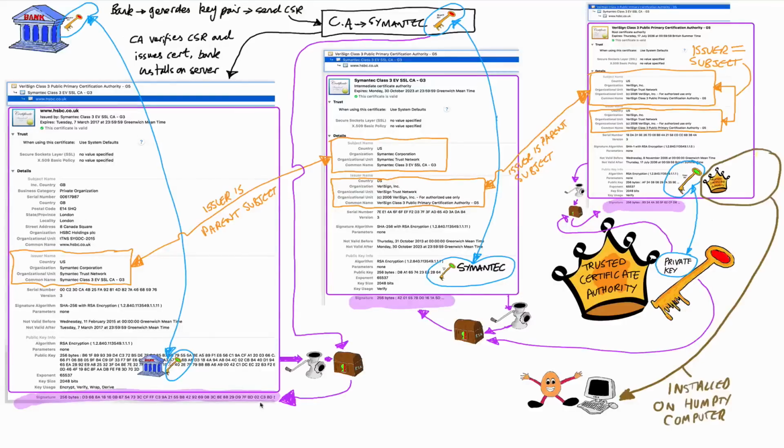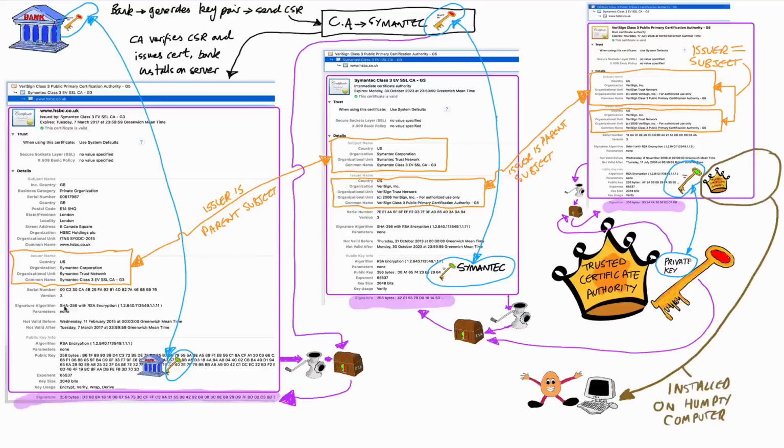So what it does, it says, right, I'm looking for the public key belonging to these guys. I'm going to take the signature. I'm going to decrypt the signature using the public key because it was encrypted using the Symantec private key. That should give me the hash of the certificate. Now what I'm going to do is look at the signature algorithm.